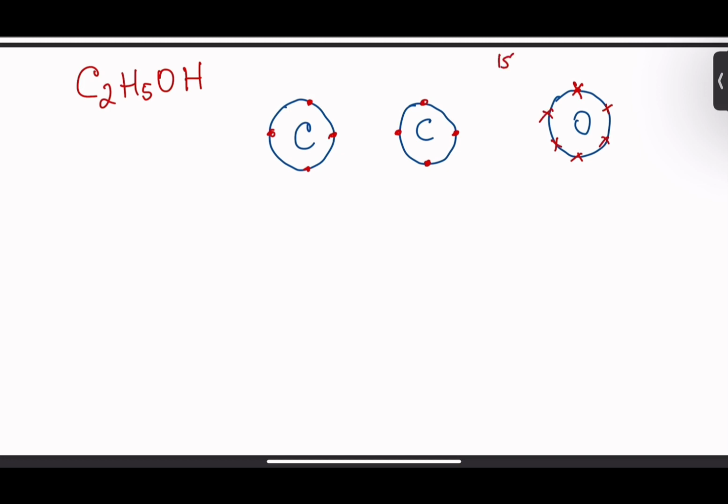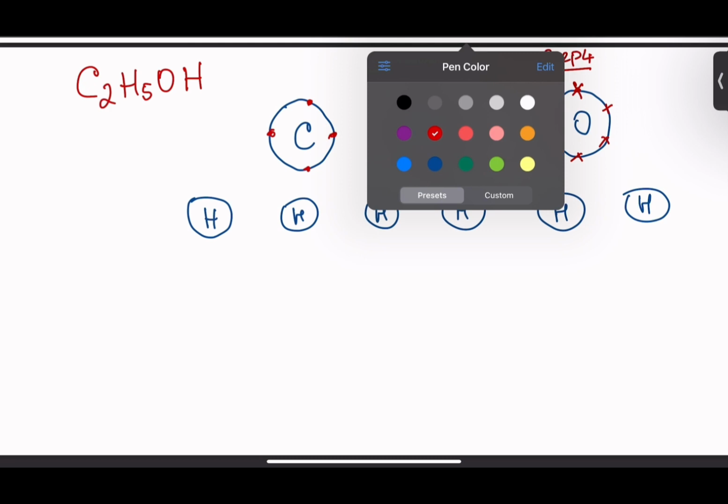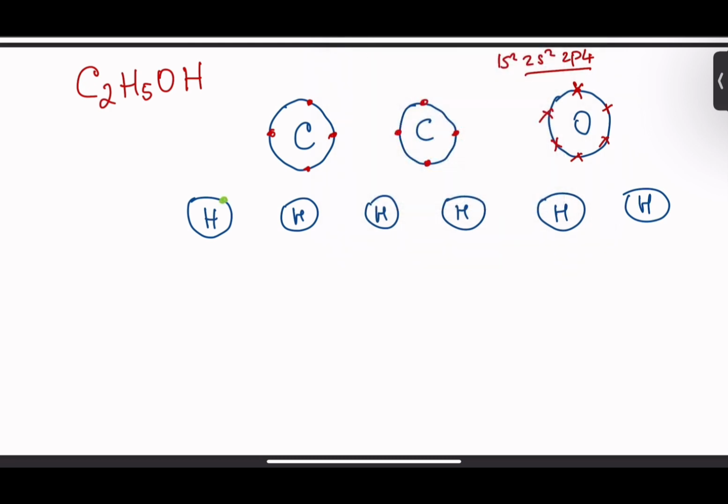If you look at it, it's 1s2, 2s2, 2p4, so I have 6 electrons in here. And then hydrogens: I have 6 hydrogens, and I'm going to write them with green dots. So 6 hydrogens, and now I will connect all of them together.